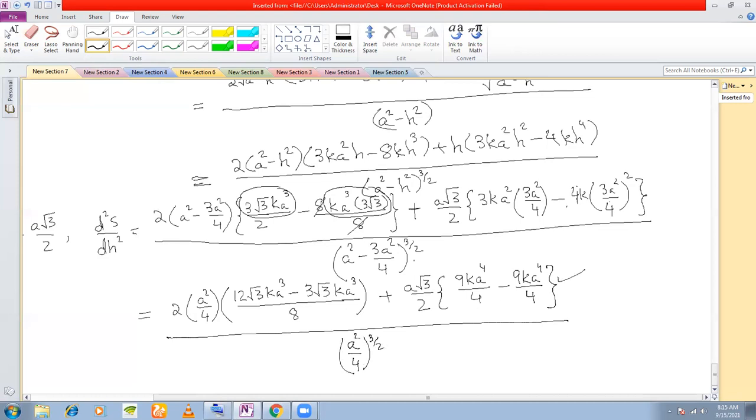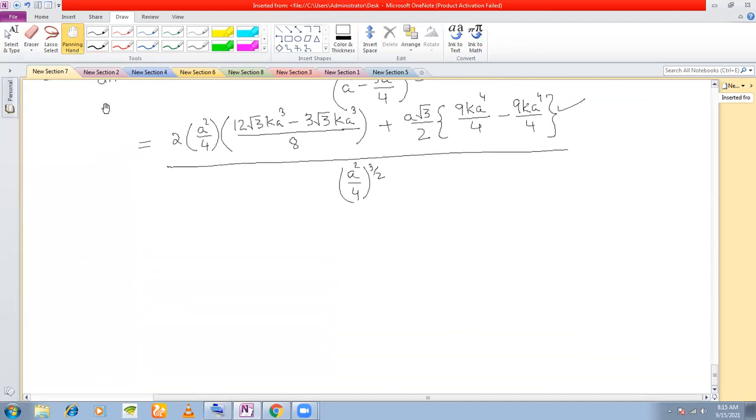Now see, this part becomes 0, right? So ultimately you get twice a square by 4. Now see, in the denominator, these two, the bases are same, so you can subtract the powers. So 1 minus 3 by 2, right?